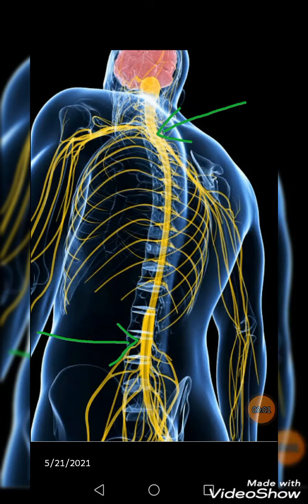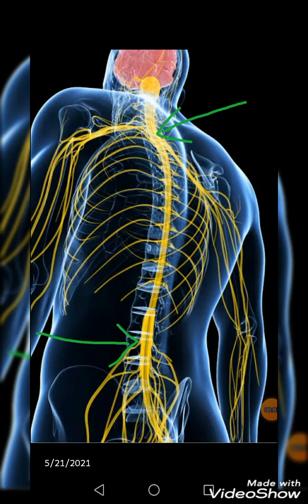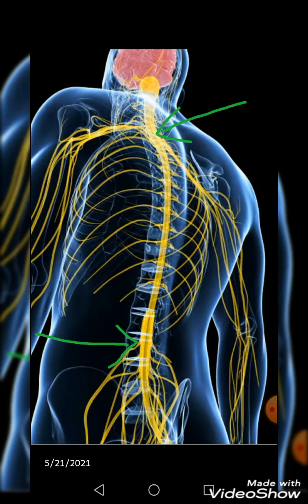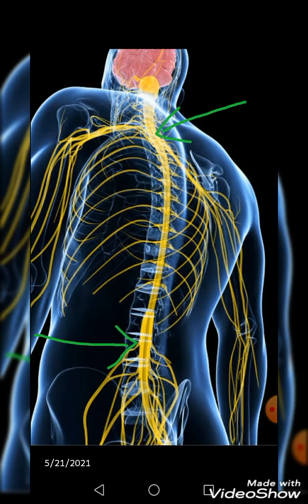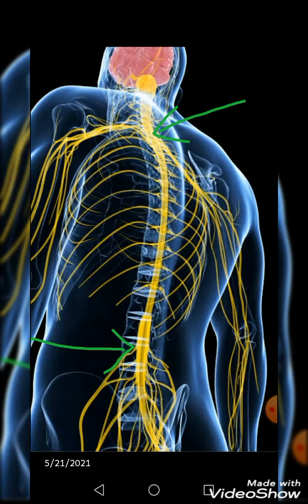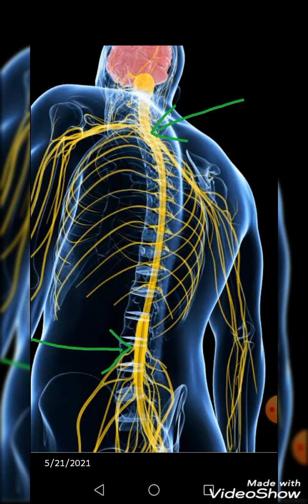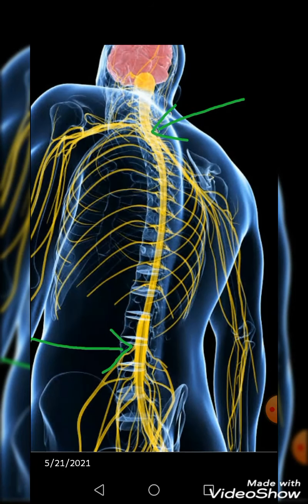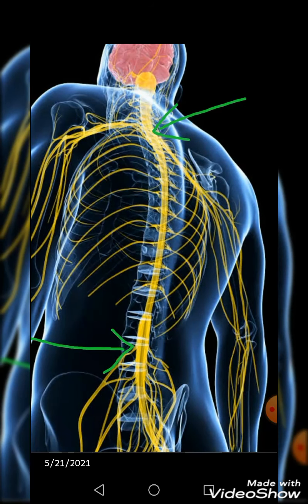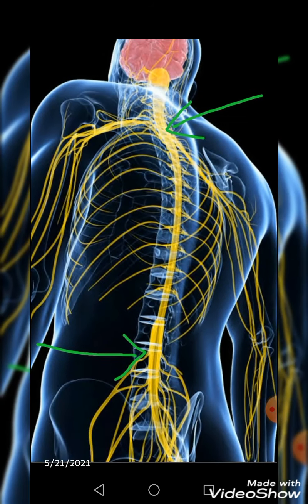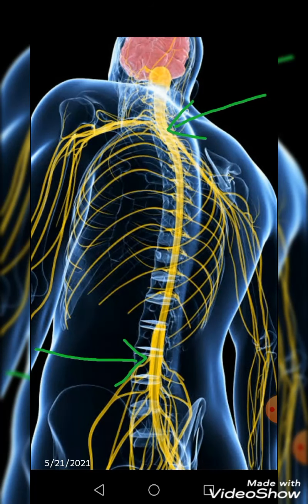Now we know that our spinal cord, being placed in your vertebral column, is supposed to give a pathway for so many sensory inputs passing through it and reaching towards your brain, and from there motor inputs are supposed to come out and pass through it. For this you can see so many nerves coming out from the spinal cord.